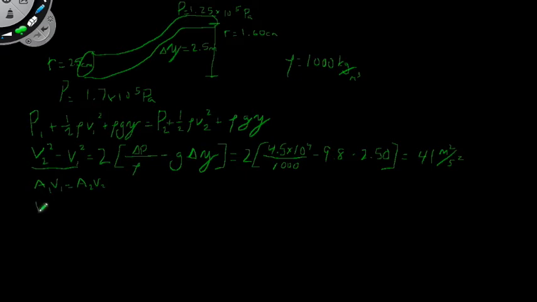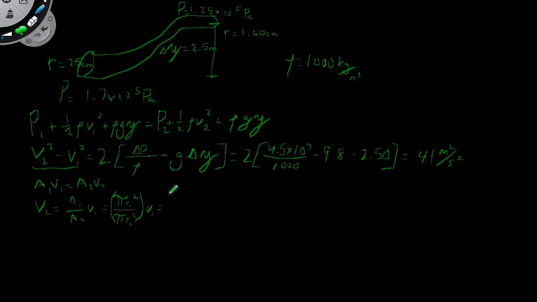So I'd say v2 is equal to A1 over A2 times v1, and then take it a little bit further, and I can even think about, okay, so that means it's pi radius squared, so radius 1 squared, divided by pi radius 2 squared, times v1.